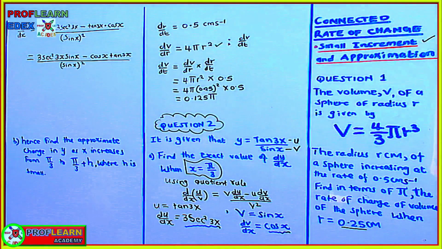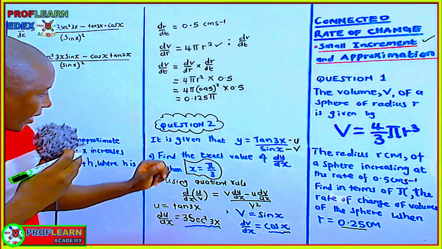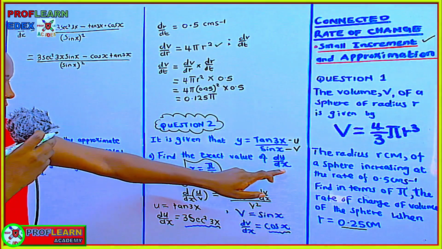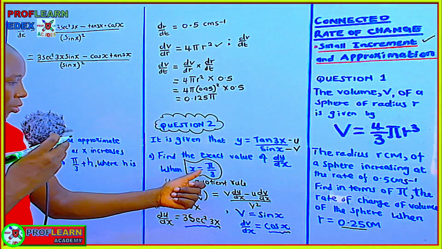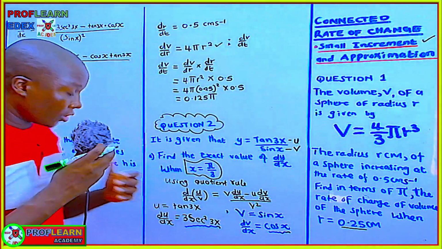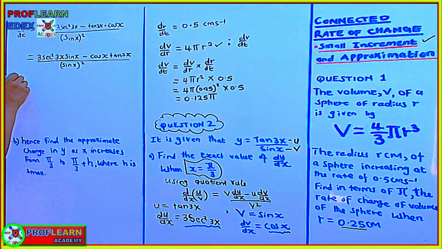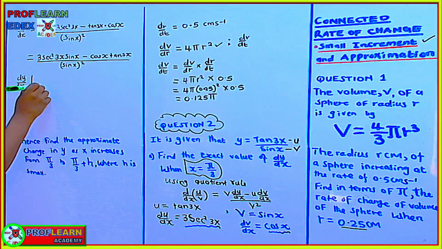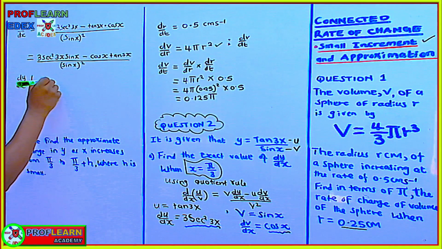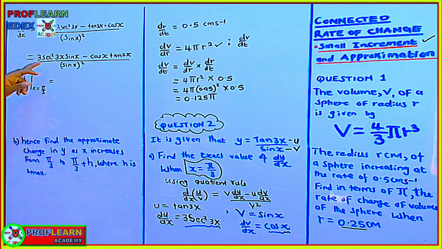Once we have this, because we are told to find the exact value of dy dx when x equals pi over 3, we are evaluating the gradient dy dx at x equal to pi over 3. So we are going to substitute into this expression.